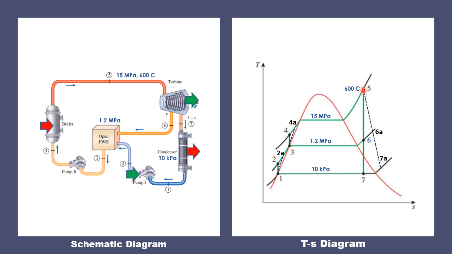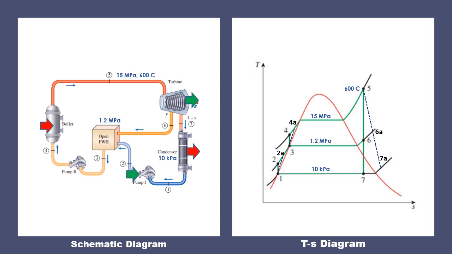So we just draw the diagonal line. As you can see here, point 6 will now become 6 actual, and point 7 will now become 7 actual. For the pump, we're also going to consider the deviation. That's why point 2 will now become 2A and point 4 will become 4A.